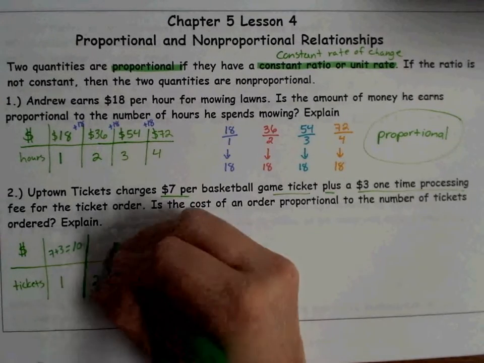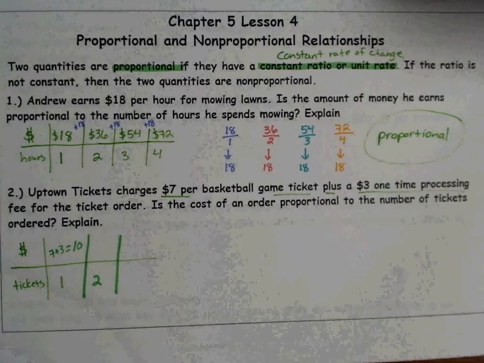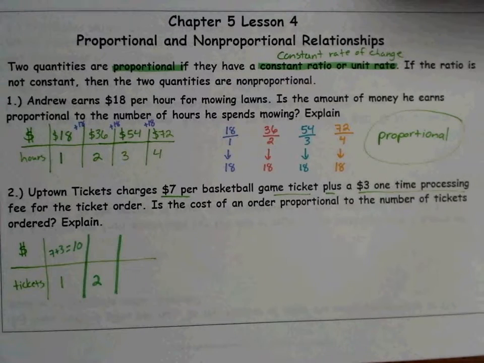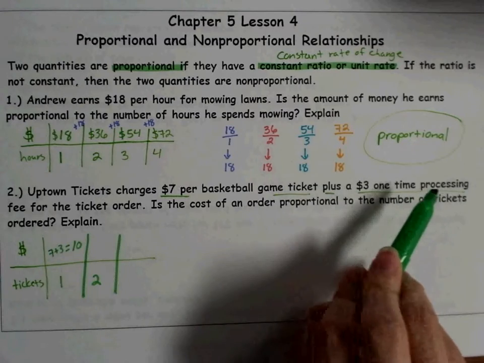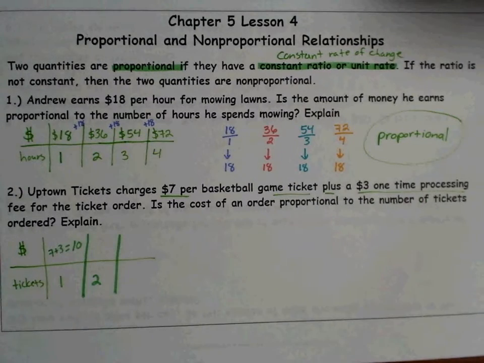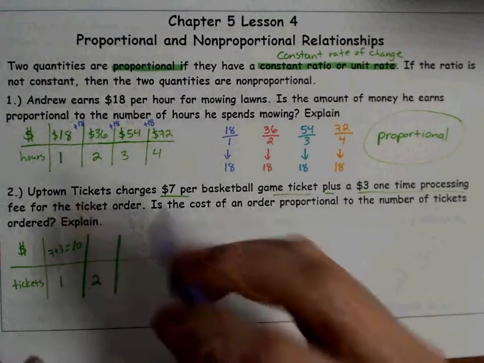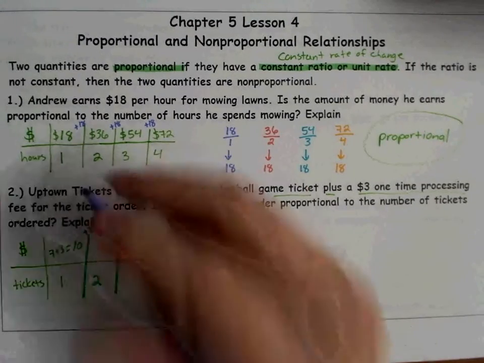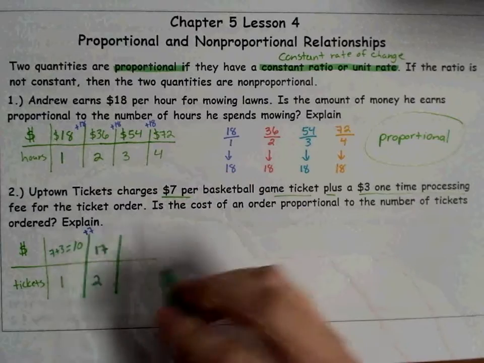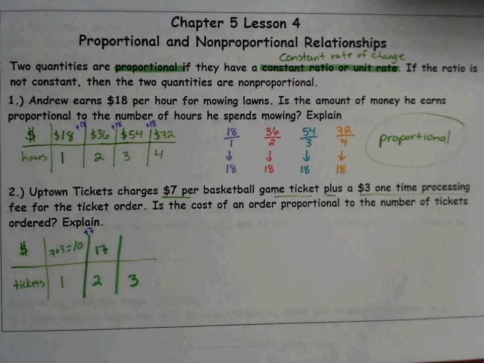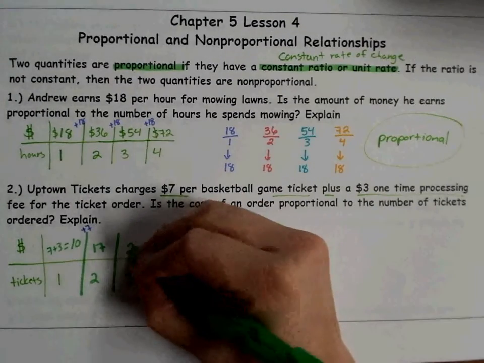Now, when he buys the second ticket, how much is that going to be? Think about it. It's a $3 one-time processing fee. So it should be 17 because he's buying that second ticket. He's just going to have to pay the extra $7 for the next ticket. So we're now at $17. What about for 3 tickets? 24.